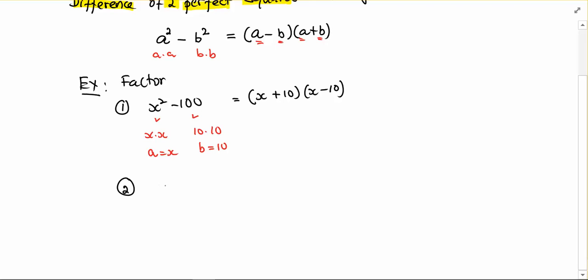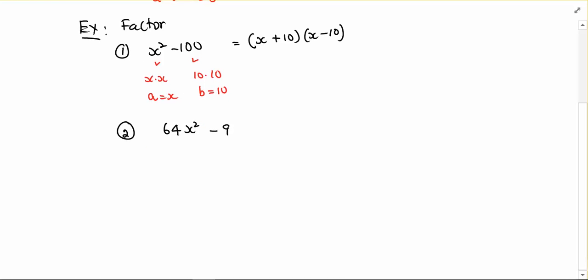So let's take a look at a few examples of this. 64x squared minus 9. Again, do we have two perfect squares? Everything on the left must be a perfect square, and everything on the right must be a perfect square. 64 is 8 times 8, x squared is x times x, and 9 is 3 times 3.